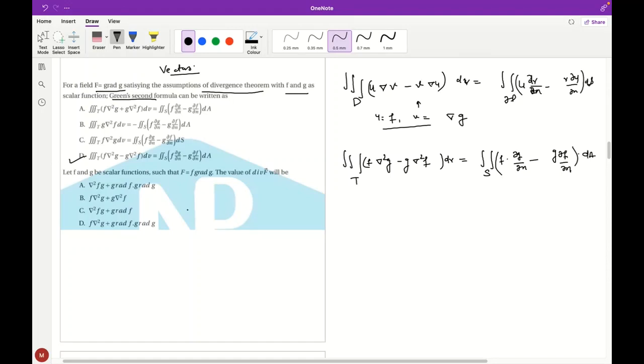Now come to another question, which is also from vectors. Here it is given that F equal to f dot grad g. Now we have to find its divergence.